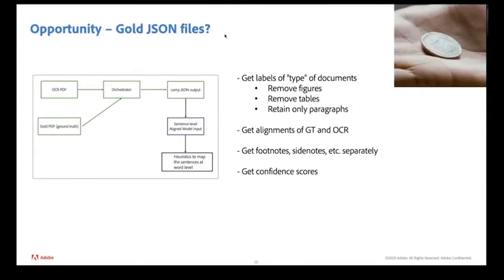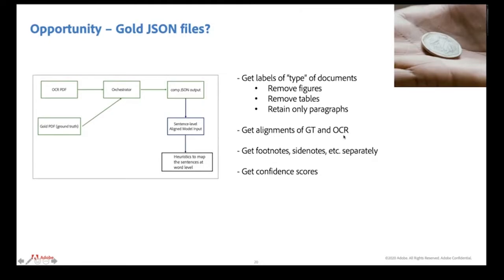Yeah, so we are basically stumbled at this point, right? We are not able to correct anything, and we don't have any other way to go. Since we are not able to correct or align, we retain only the simpler paragraph things. Within these JSON files, we also figured that we can get alignments between ground truth and OCR.